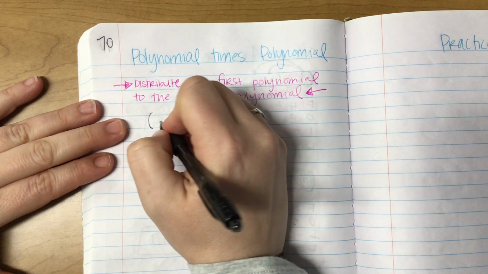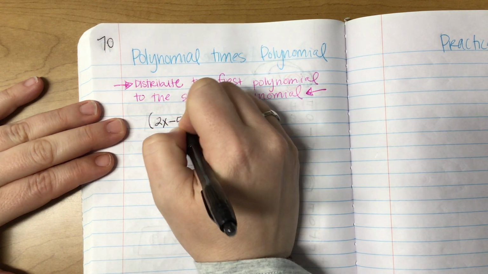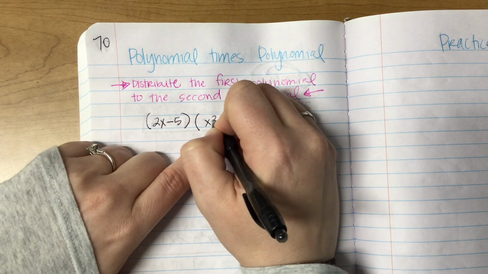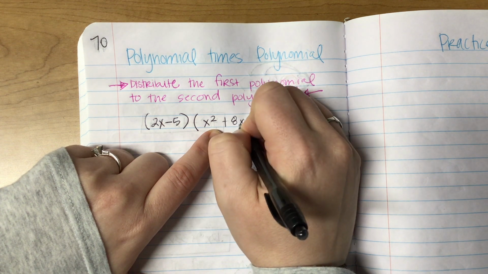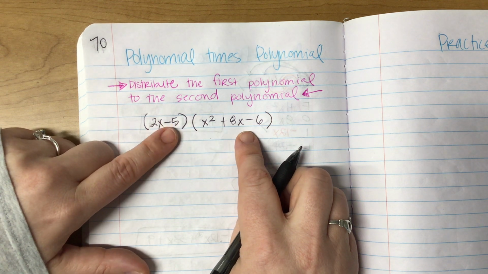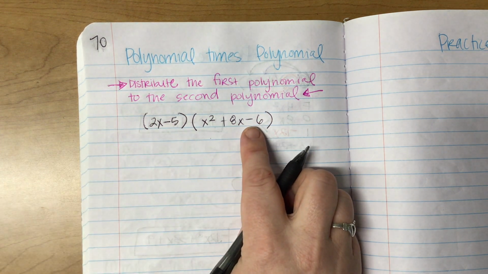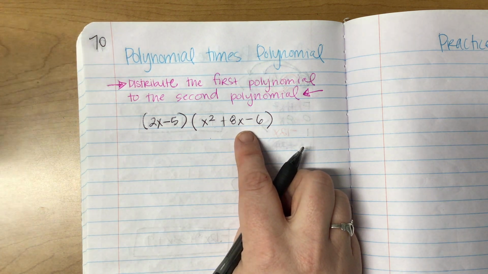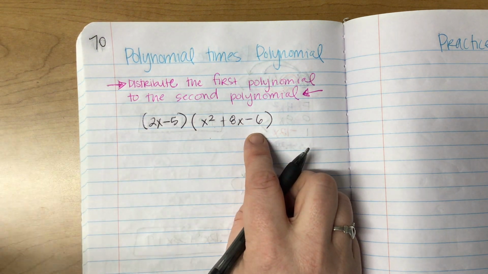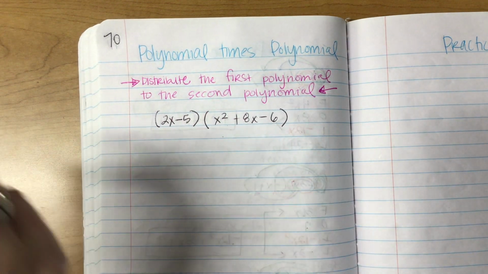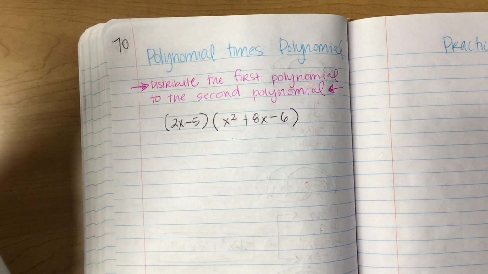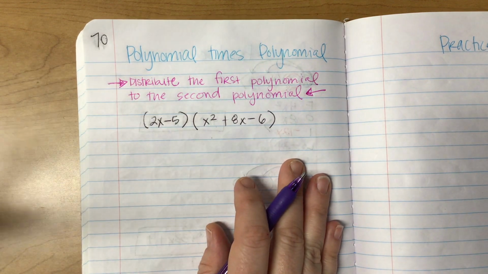So one way of doing that is to take, I have a binomial here, times, and then I have a trinomial listed here. So technically speaking, polynomial more than one, and a polynomial more than one. But again, because it's a binomial times a trinomial, I cannot use FOIL. I have to list out the distributive property as a chain. So I'm still using the distributive property.